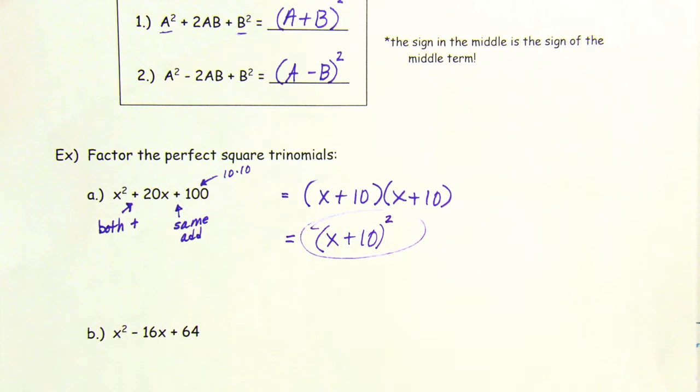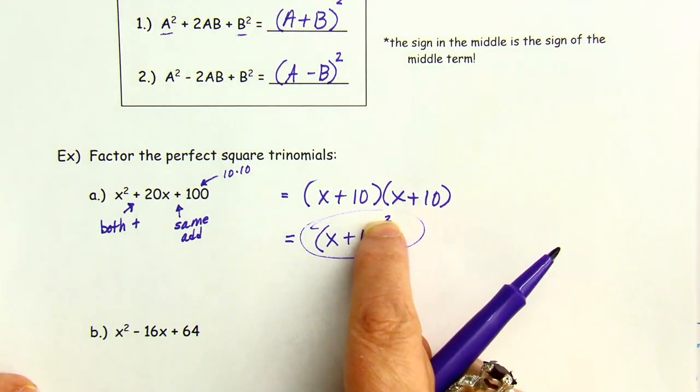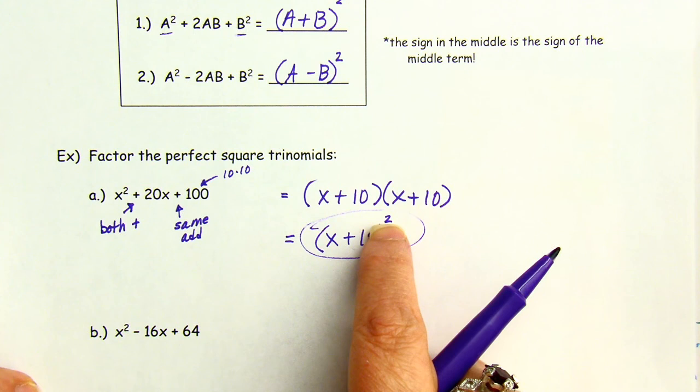Trust me, there's a method to my madness for me making you do that. It's going to lend itself into another lesson in the future. So please, anytime you have x plus 10 times x plus 10 or x minus 3 times x minus 3, please write it as one single quantity to the second power, right? Powers or exponents indicate repeated multiplication.